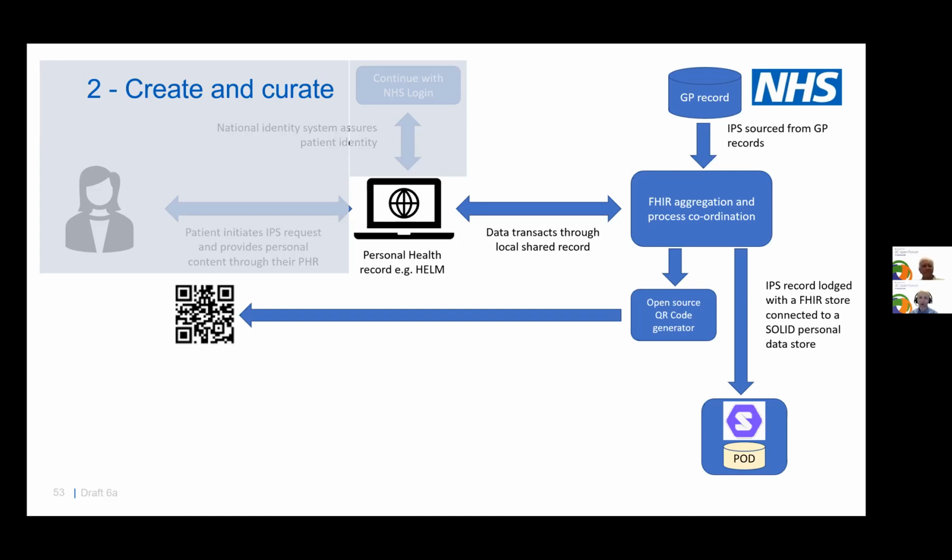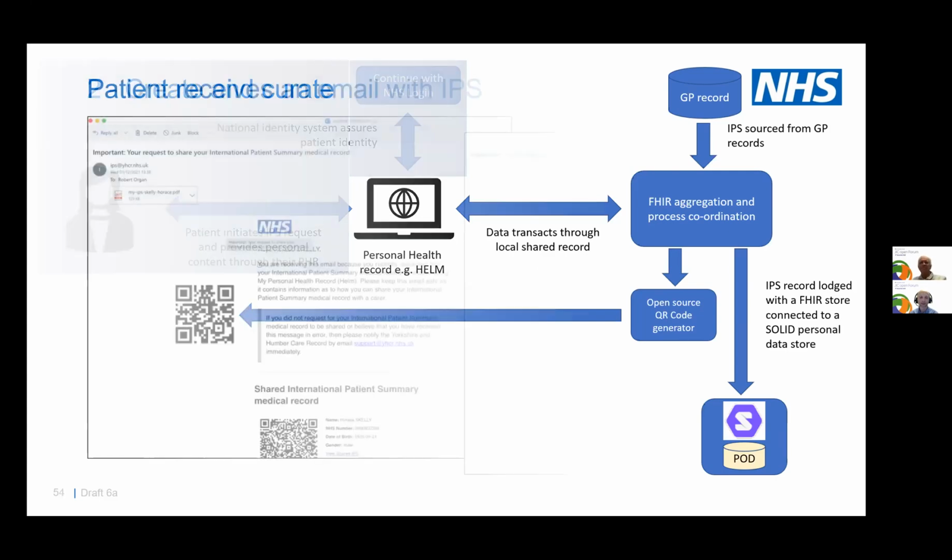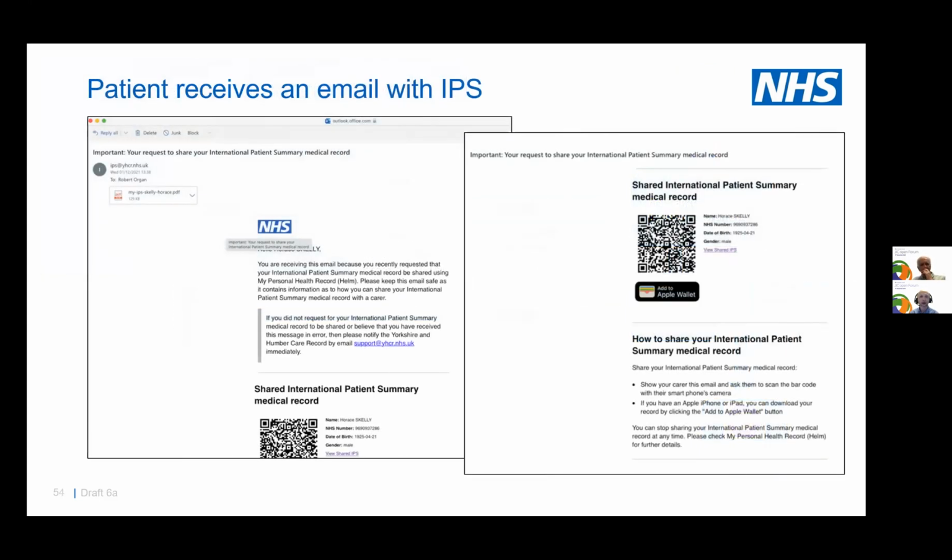Thank you, John. So next slide, please. Okay, so the patient will receive an email on the address they provided, and it will give certain bits of information. So it'll give the QR code. It'll also give a PDF version of the record, and that's mainly due to the fact you can't always be sure you will have an internet connection, where you will need that information, but you'll have that local record. It's also possible to add it to something like Apple Wallet.